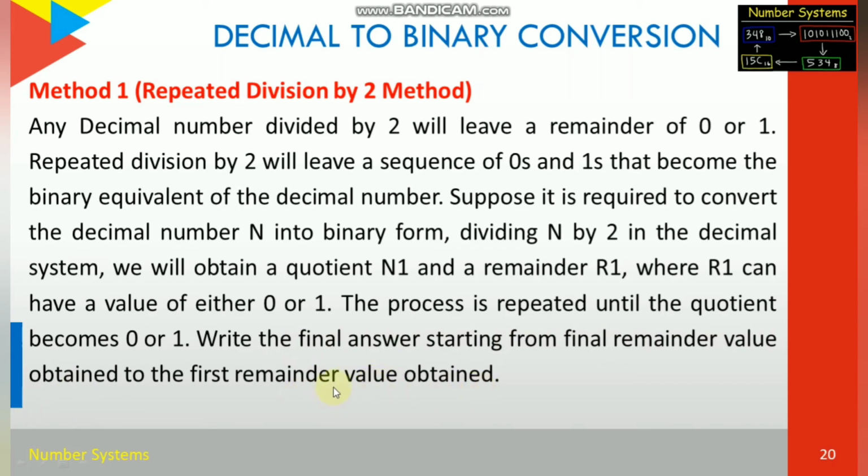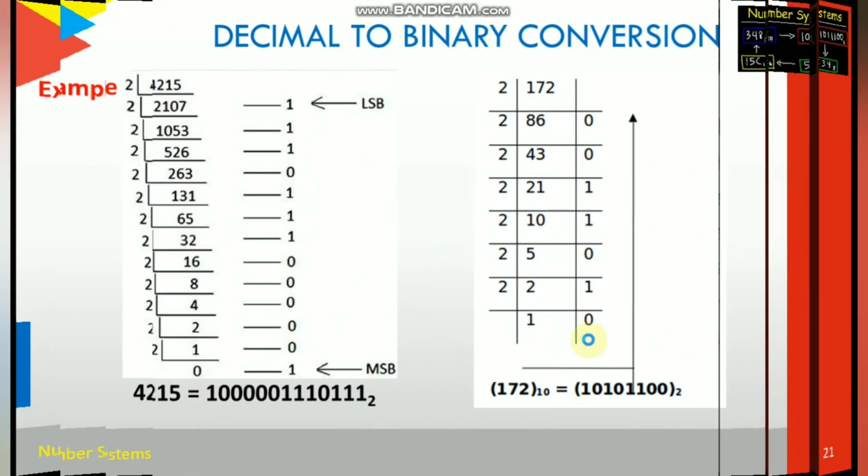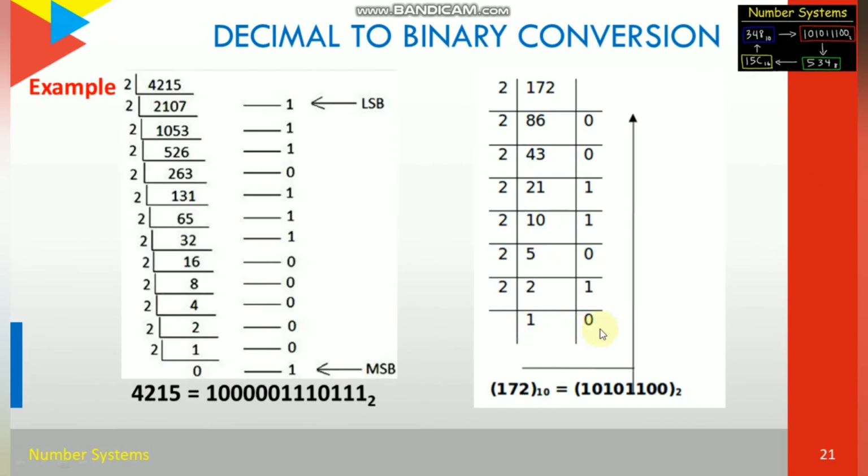Okay, so how you should write the answer is, this is the final value obtained. The final value obtained is 1 and the remainder is 0. Starting from the final value, you should write till the first value which is obtained. Always write the answer from the bottom to top approach.